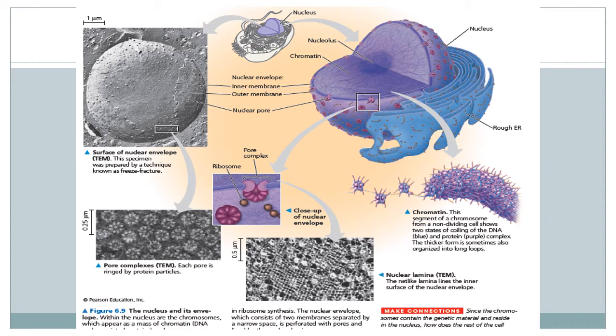So the code from the DNA is transcribed onto the mRNA. The mRNA brings the code out into the cytoplasm, where the ribosome is present, and the code is translated into the polypeptide chain together with the tRNA molecule.